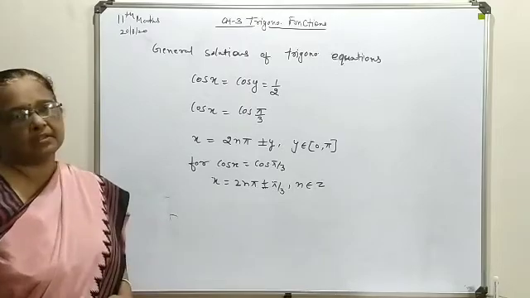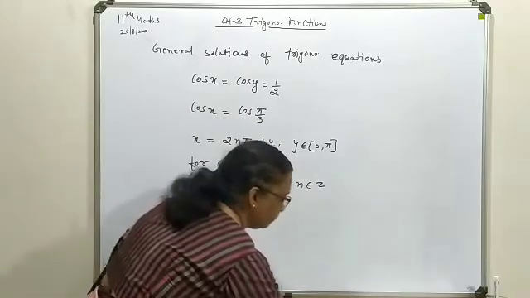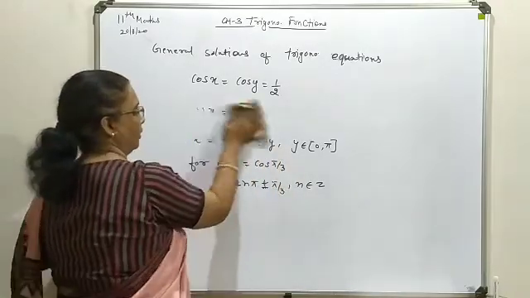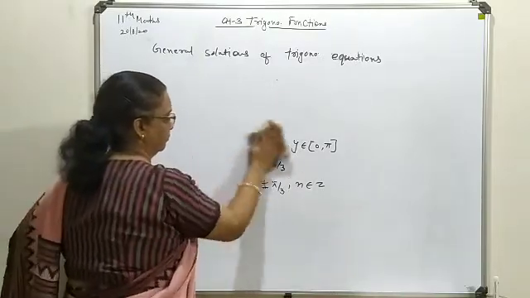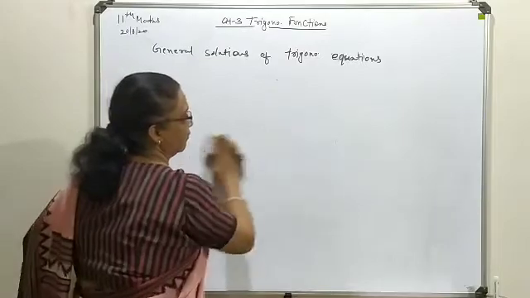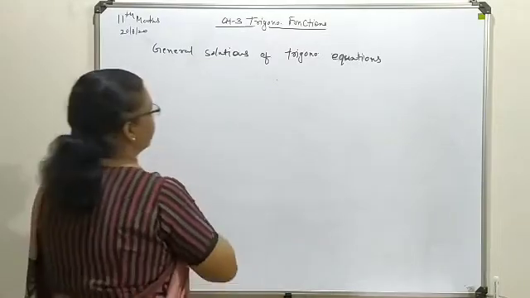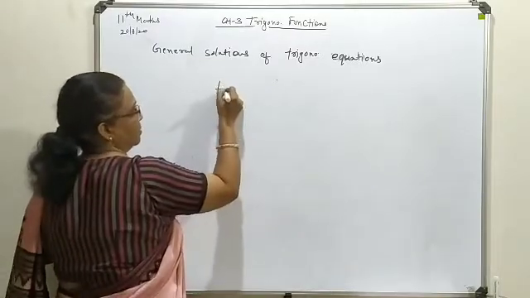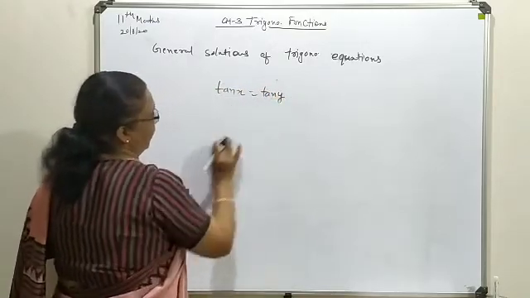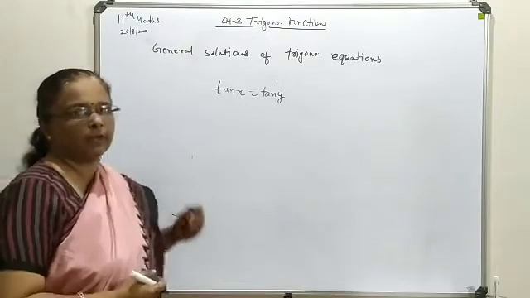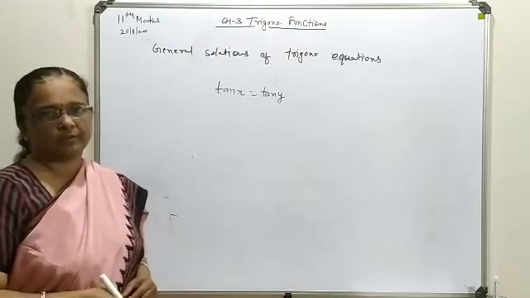Now the last term is your tangent. If your term is available in the tangent form as tan x is tan of y, then in that case you can define your general solution in terms of x and y.